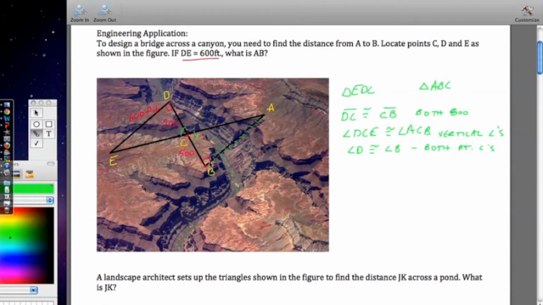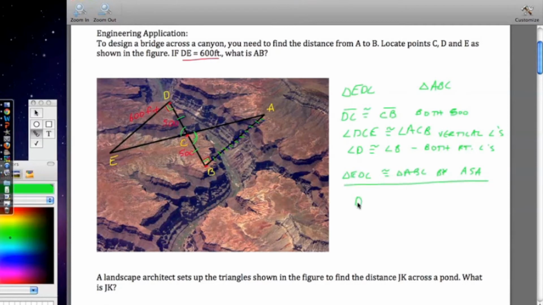And so what that gives us is an angle, a side, and an angle congruent to an angle, a side, and an angle. So what we can say is that triangle EDC is congruent to triangle ABC by angle, side, angle.